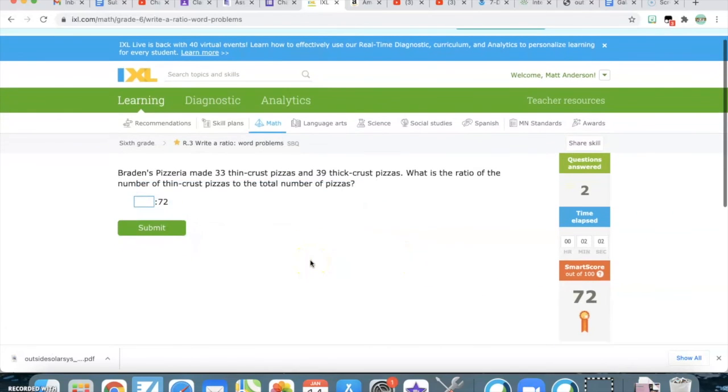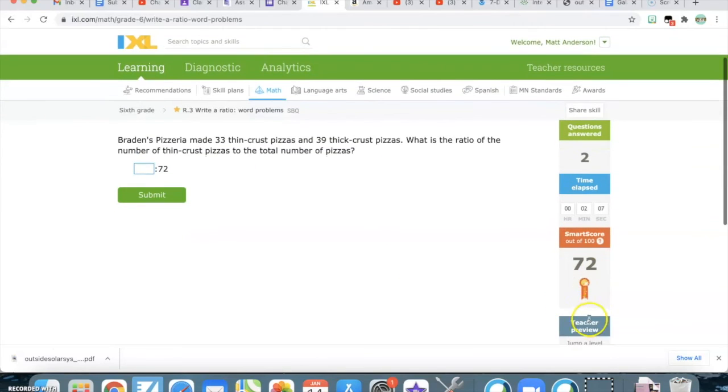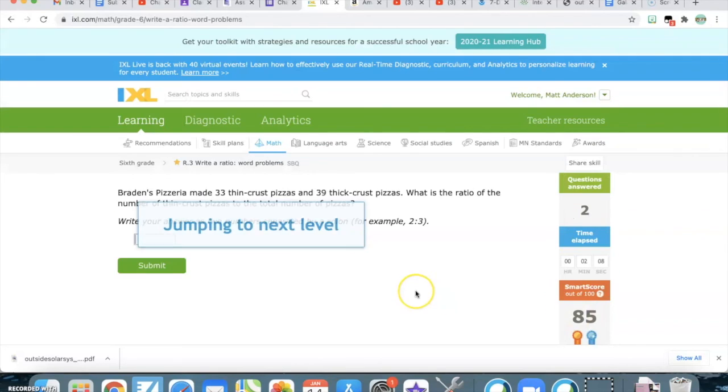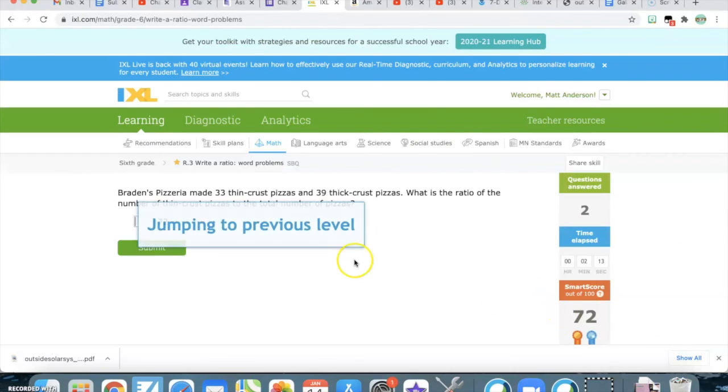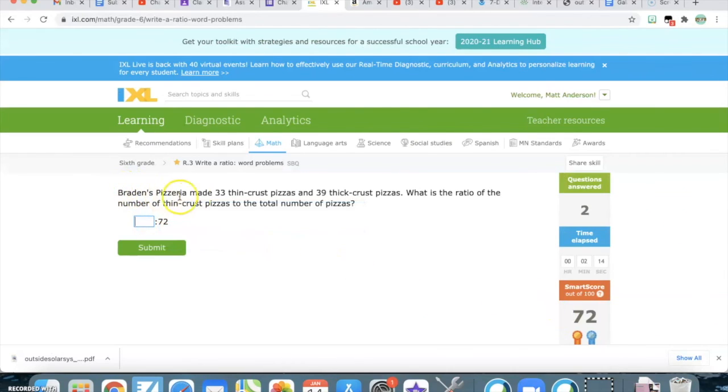So let me just skip. Find a good one for you. I don't like that. Okay. Braden's Pizzeria made 33 thin crust pizzas and 39 thick crust pizzas. What is the ratio of the number of thin crust pizzas to the total number of pizzas? Why don't you figure that out?